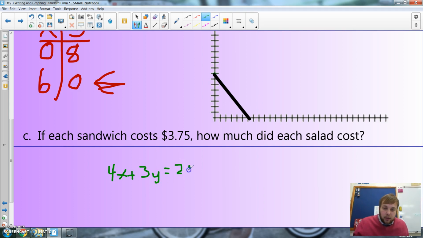We're almost done. Almost out of time, too. Now, sandwiches were x, so I'm going to go 4 times my x, which is $3.75.